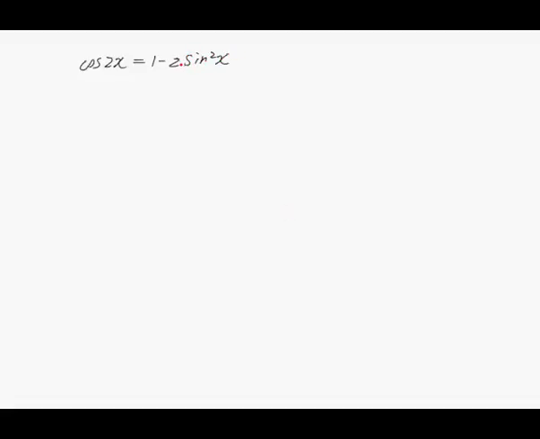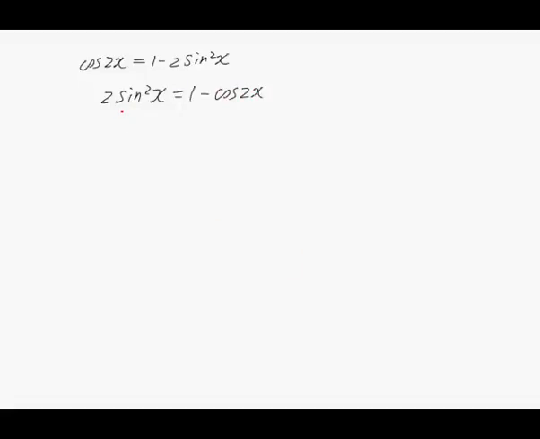And let's move this 2 times sine square x to the left side, and the cosine of 2x to the right side. So we got 2 times sine square x equal to 1 minus cosine 2x.